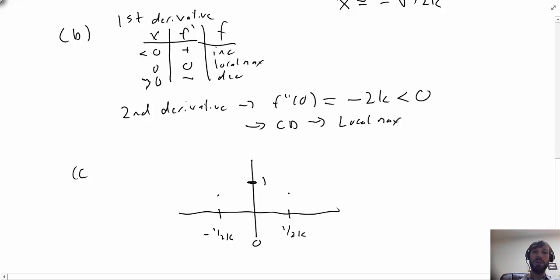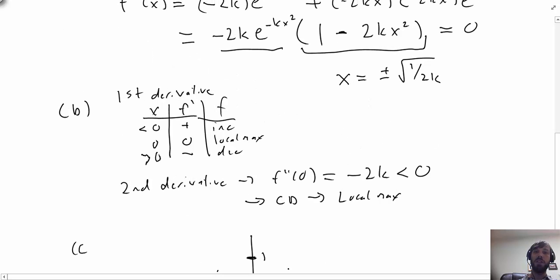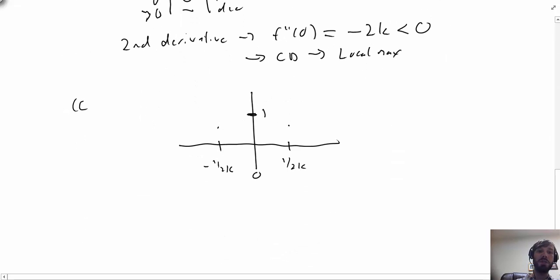Furthermore, looking at the sign of f double prime, if x is between these two values, then this term is going to be positive and this is going to be negative. So I know that my function is going to be concave down right here, and I already knew that because at 0 I got a negative second derivative. And then it's going to switch to being concave up.